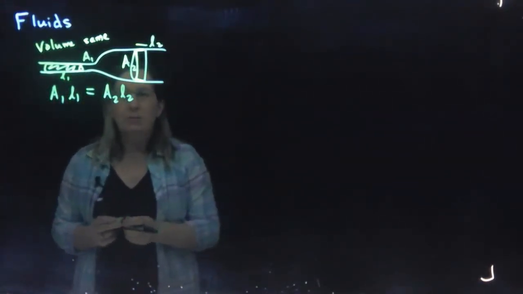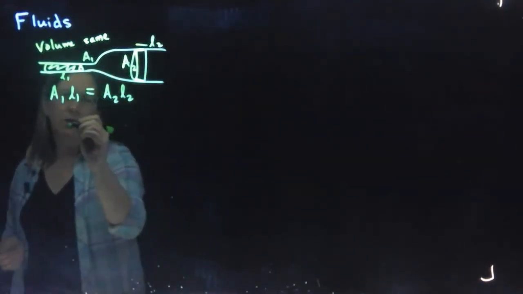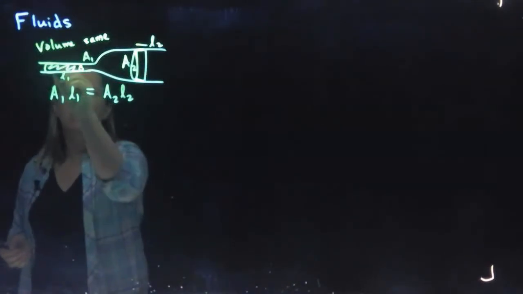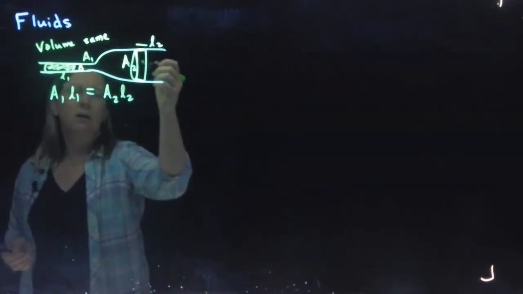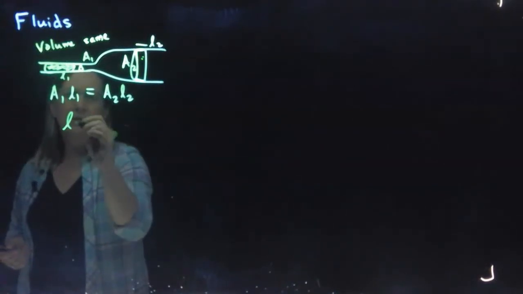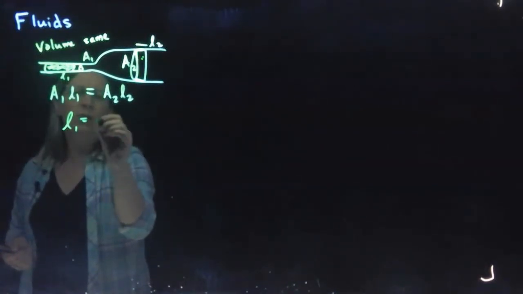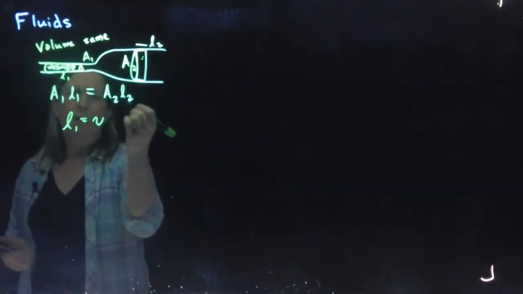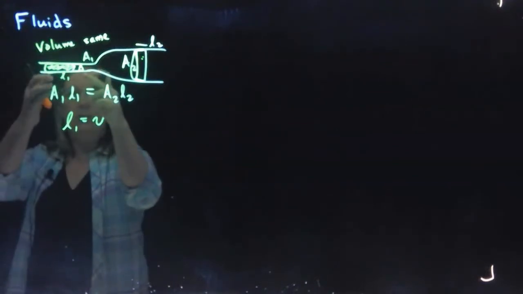Now, we don't often measure the lengths, but if everything's moving in this region at basically constant speed, and over here at a constant speed, we can write the distance in terms of the flow speed V of the water over a time.